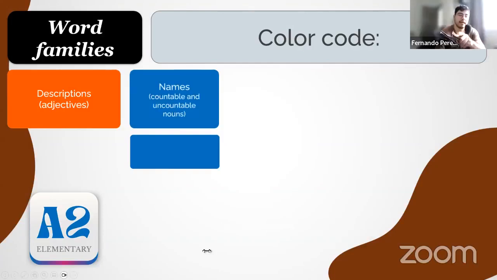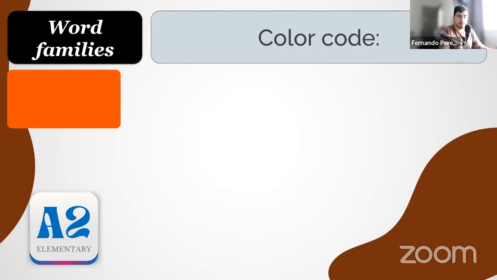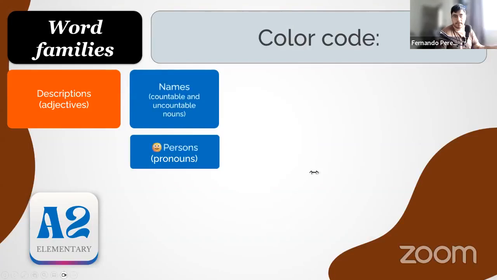And on the other side, we have also persons. Grammatically, they are called pronouns. What is a pronoun? A pronoun is a substitution to avoid repetition. If I say, I am Fernando, Fernando is a teacher, Fernando likes to watch movies with his friends, I repeat my name too much.